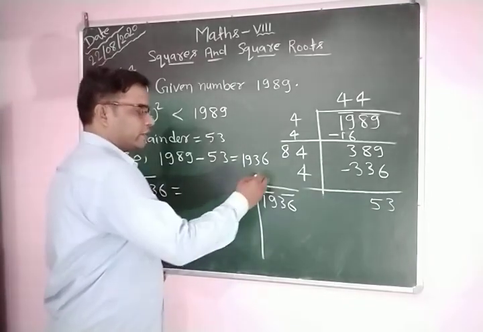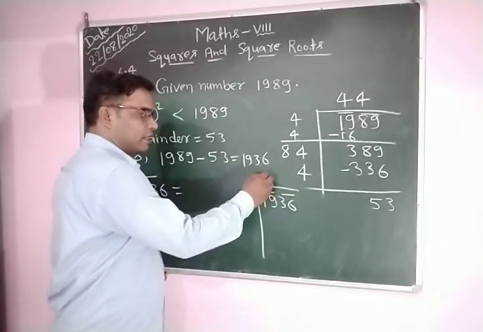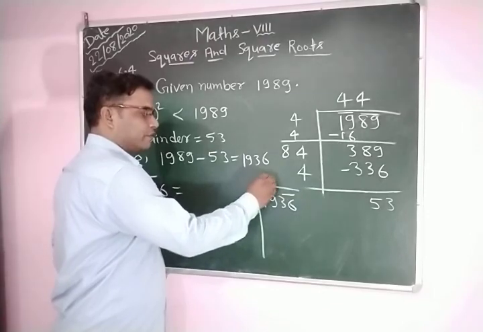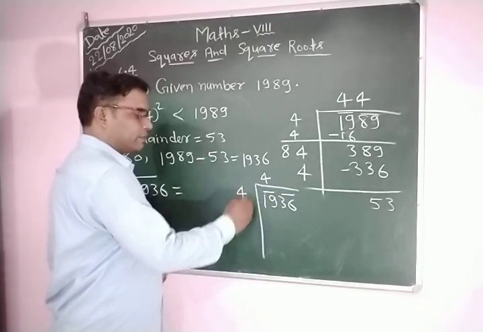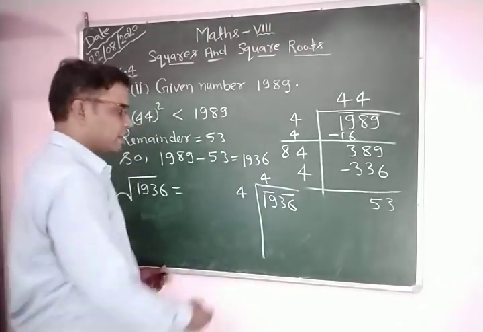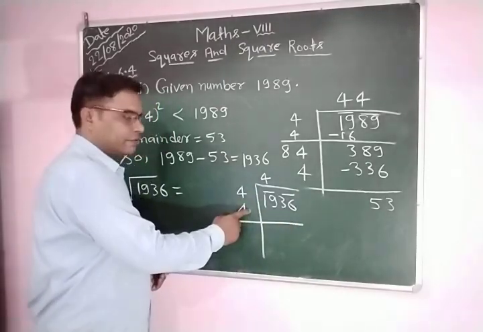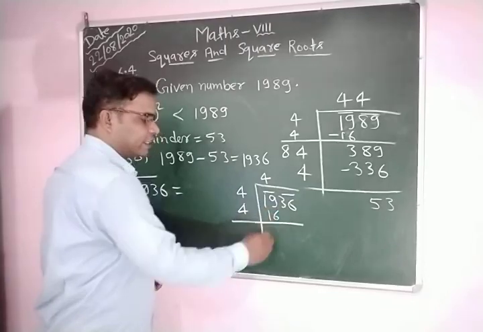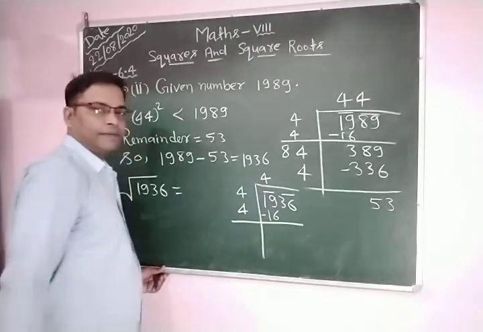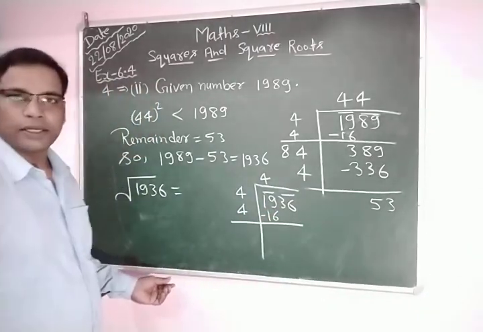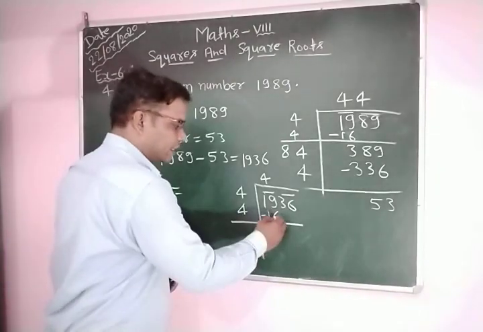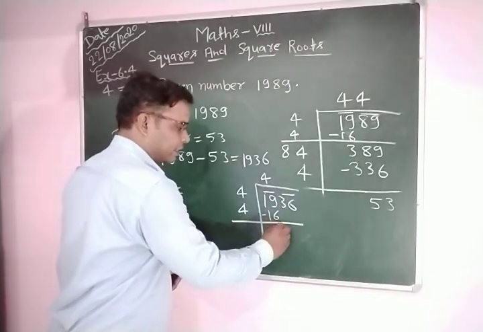Okay, so here at the top, at the place of quotient, we write 4. Again we write 4 as divisor. Then if you multiply this 4 with this 4, we obtain 16. Clear? Now we subtract this 16. Then we get remainder 3.